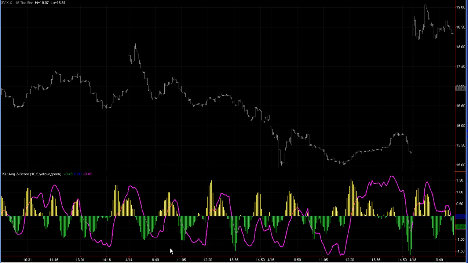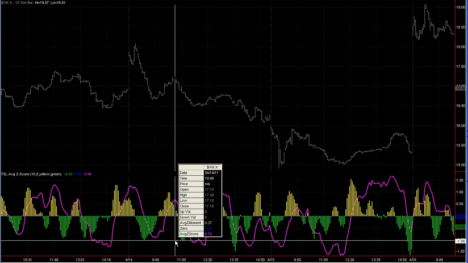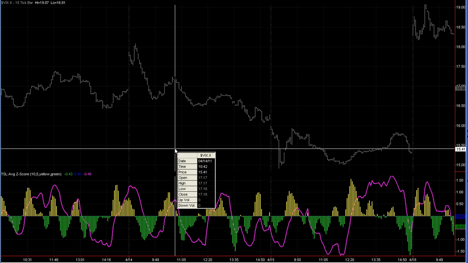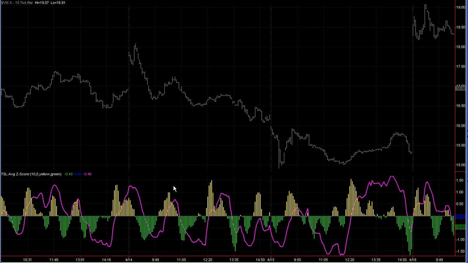Here again, we move up on the VIX, then we see the momentum portion of the Z-score beginning to drop, indicating we're moving very close to the time when we're going to change direction. And the Z-score then makes it real clear.